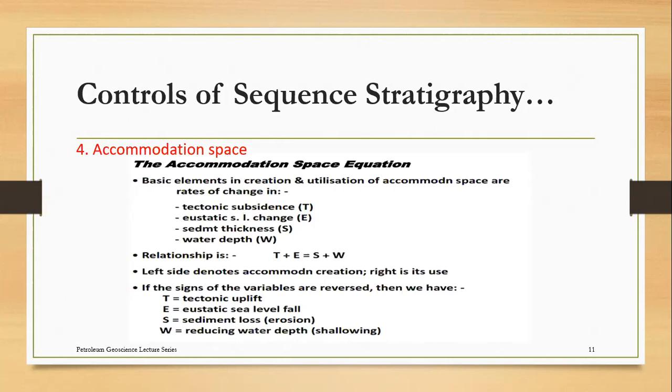You agree with me? Yes. When you have a sea level rise, you expect it to increase accommodation space. But when you have a fall in sea level, you expect a reduction in accommodation space. I don't know if this helps.